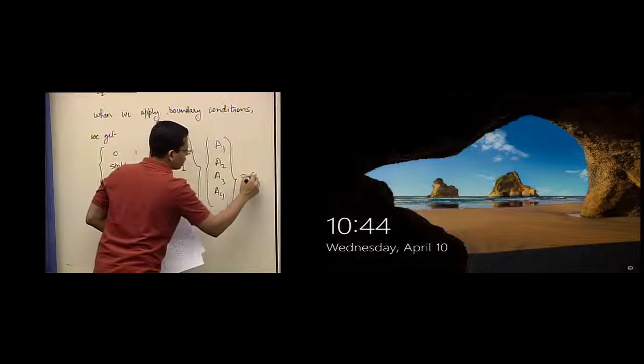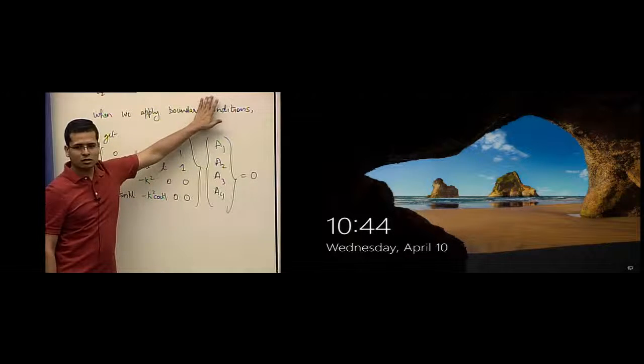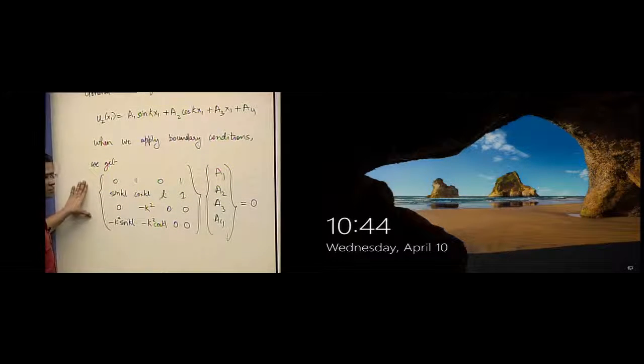So we will get 4 algebraic equations when we apply the boundary conditions on this general solution. Then we will get 4 algebraic equations in A1, A2, A3, A4.